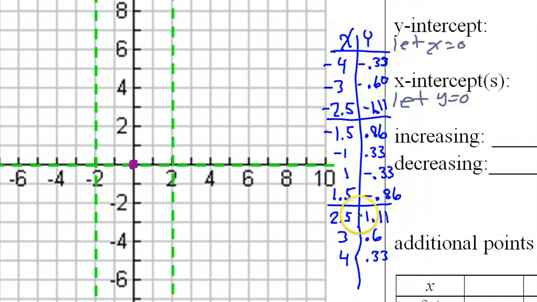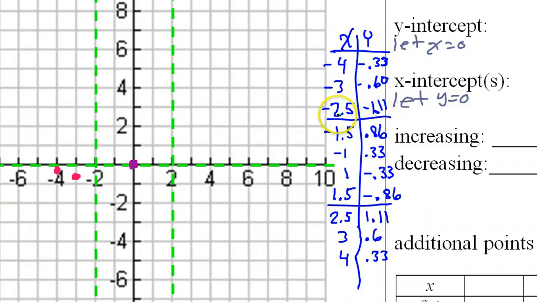All right, so here are my values. Let's start graphing. At negative 4, we're at negative 0.33, so negative 1/3. It's about like this. At negative 3, I'm at negative 0.6, a little bit more than halfway down.